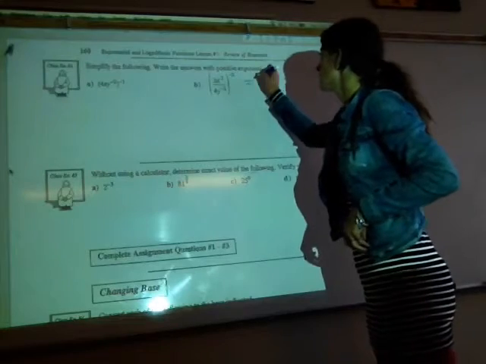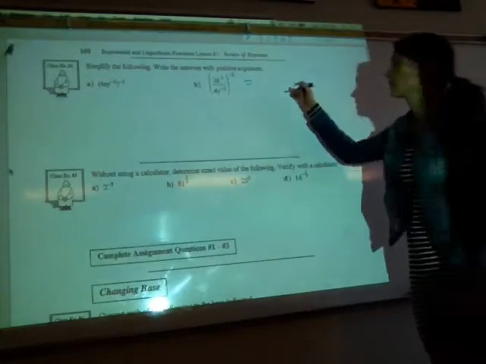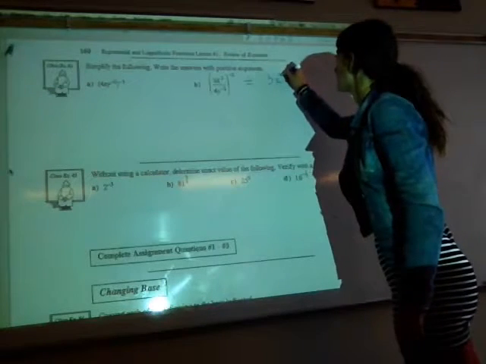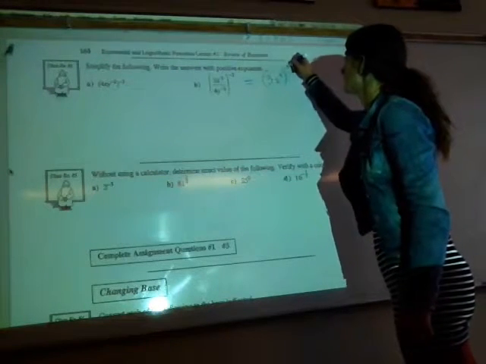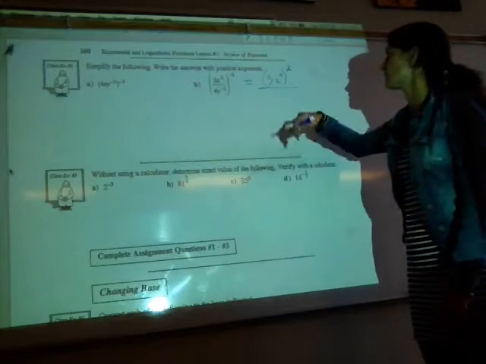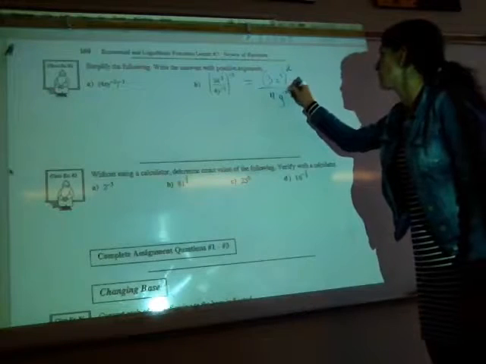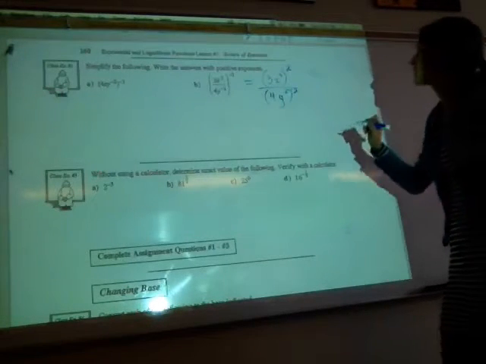Probably what I would do, just as an introduction to this type of question, is apply the negative 2 exponent to the numerator as a separate exponent, and then apply it to the denominator as a separate exponent.